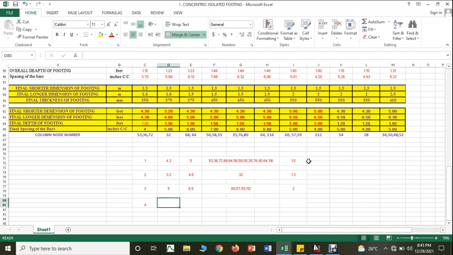Let me give 4.30 and 6.50. What will be the column numbers? Column numbers will be 54, 28. So these are the column numbers, and the thickness is 1.20, right? So that is these 3.